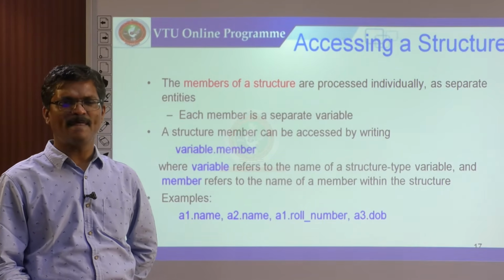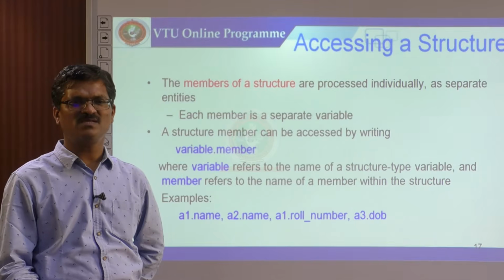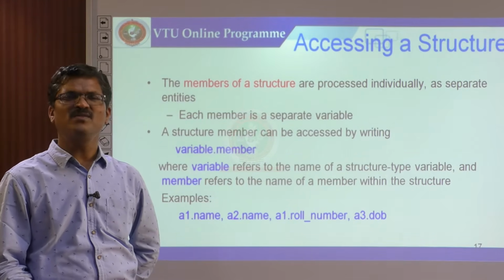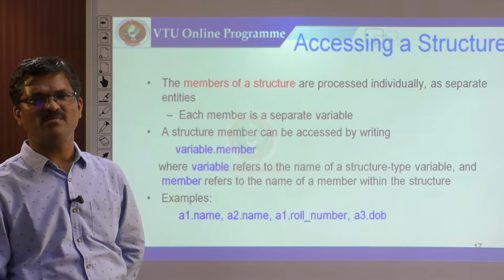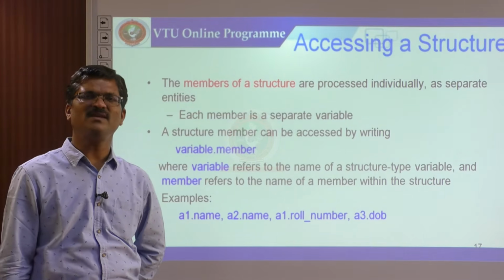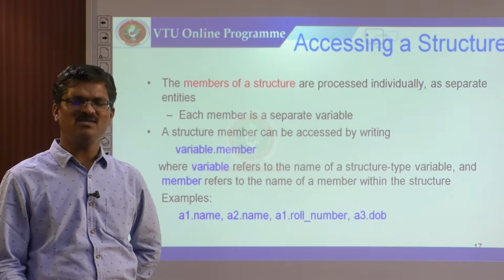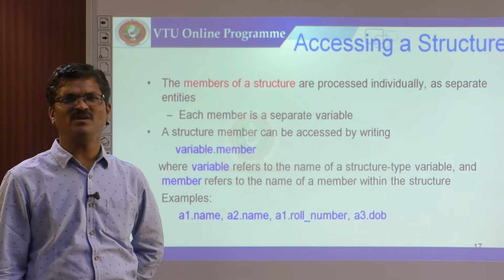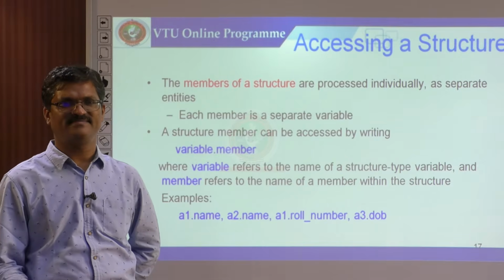In the same way, the name of another structure variable A2, then the roll number corresponding to structure variable A1, and the date of birth corresponding to structure variable A3. So dot is the operator used for accessing any member belonging to a particular structure variable.